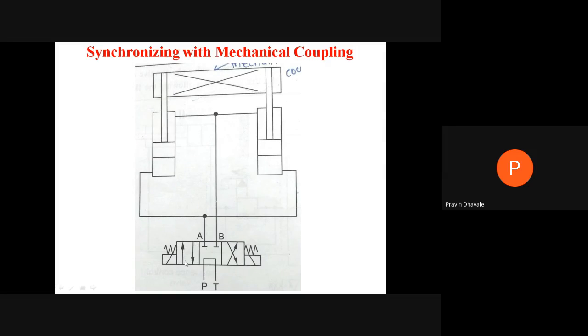When this position is in action, the pressurized fluid from the pump will be passing from port P to port A. And from port A, it will be divided and passing to the first cylinder partially and to the second cylinder partially.